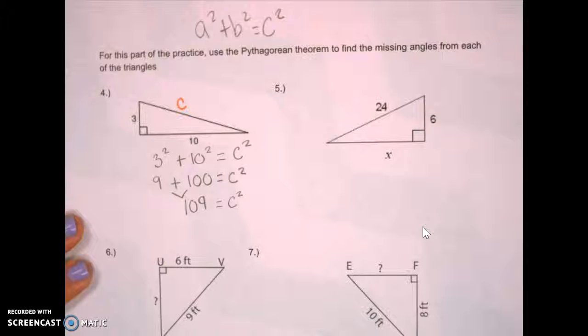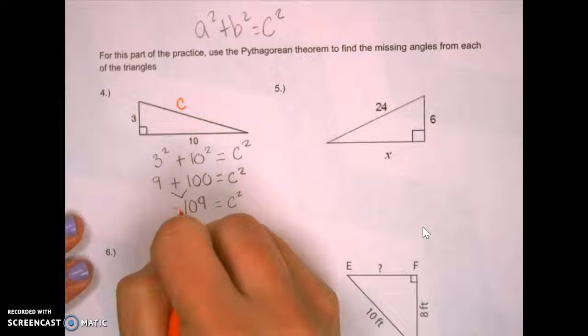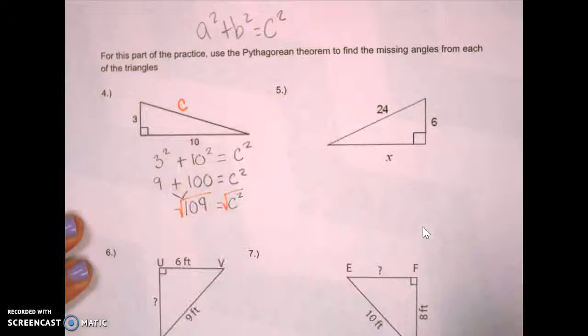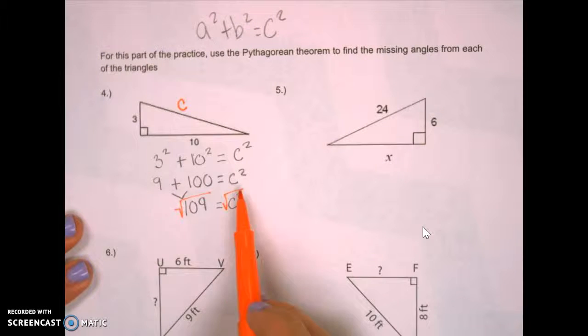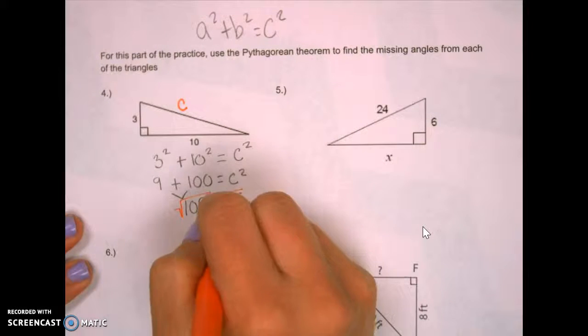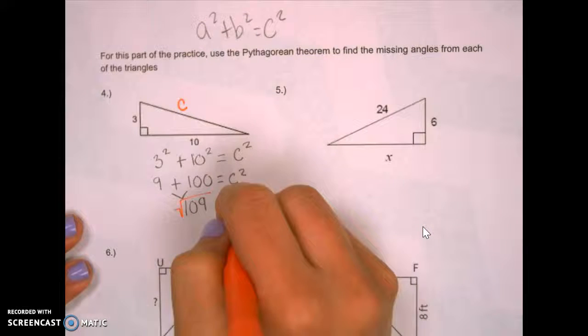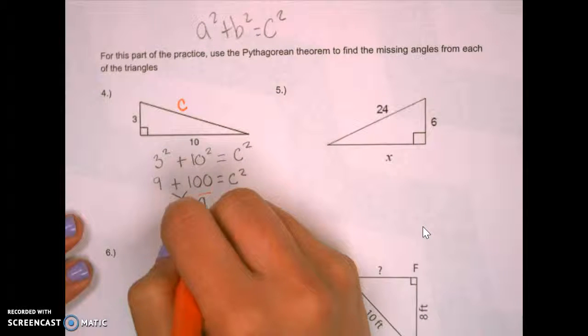And my last step is going to square root both sides. The reason why is because I'm trying to get C by itself. So the opposite would be a square root. So my C equals the square root of 109.